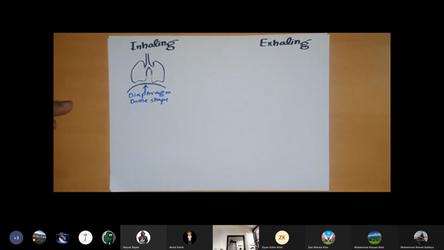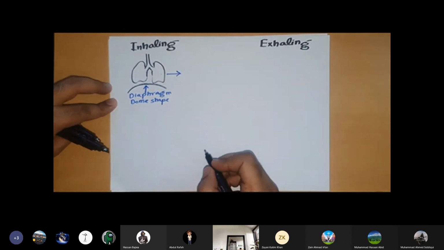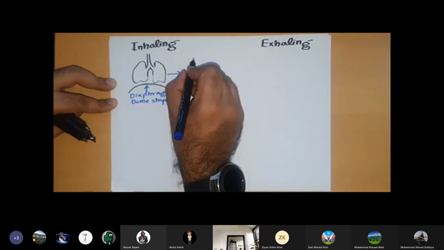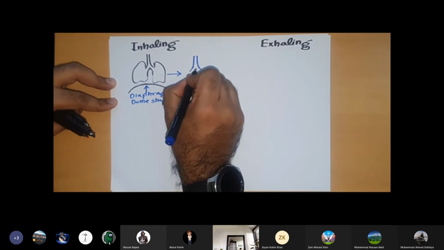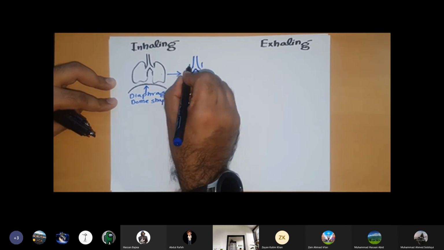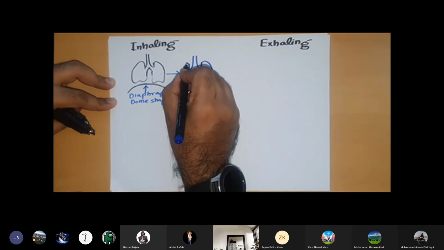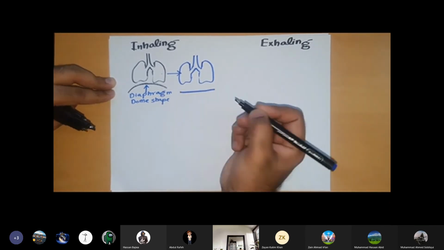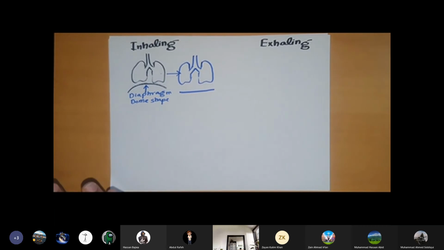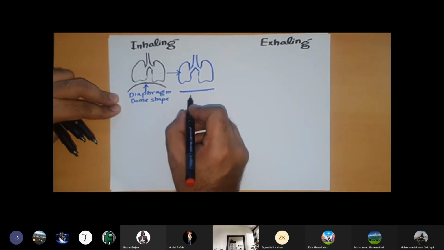Now, first step: the muscles of the diaphragm contract, and the diaphragm becomes straight. Now I can show this in the form of a diagram over here. For that purpose, let me again draw a small diagram. So what has happened actually over here is that the diaphragm is now straight.